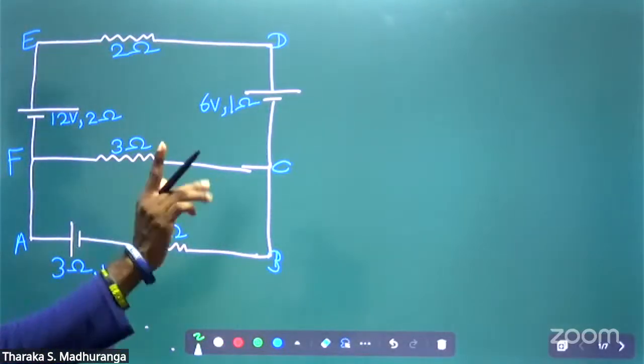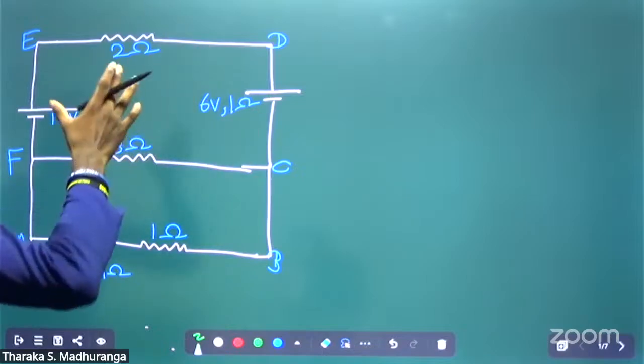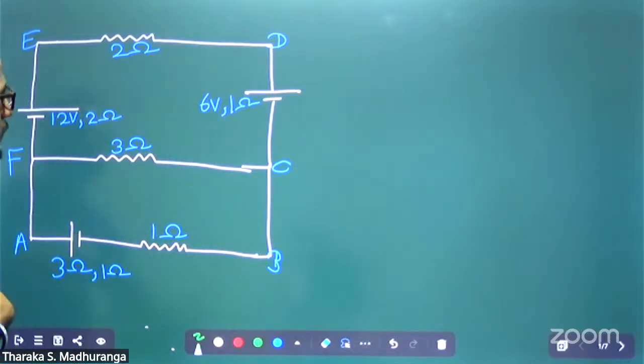Okay, you now understand everything, apply it to this question and get the values. This is the final one of Kirchhoff laws.